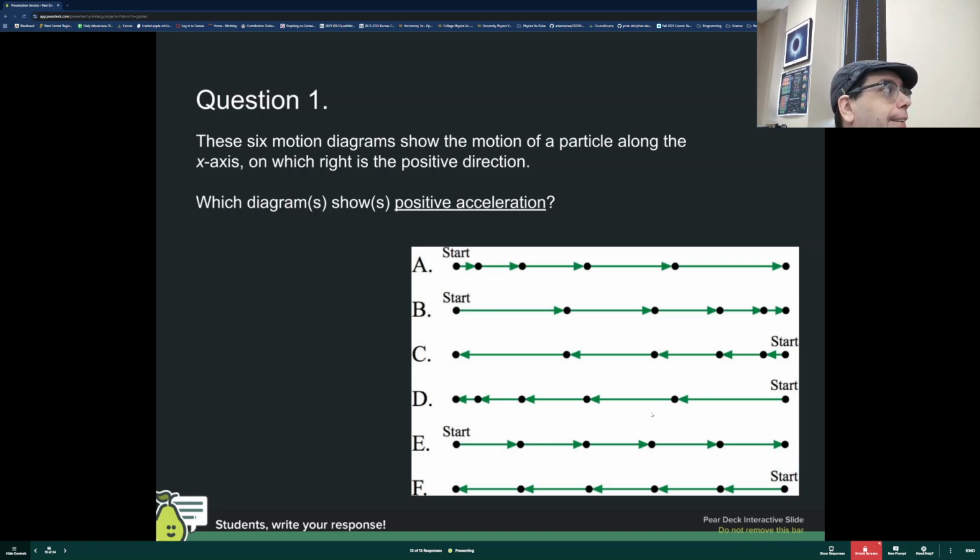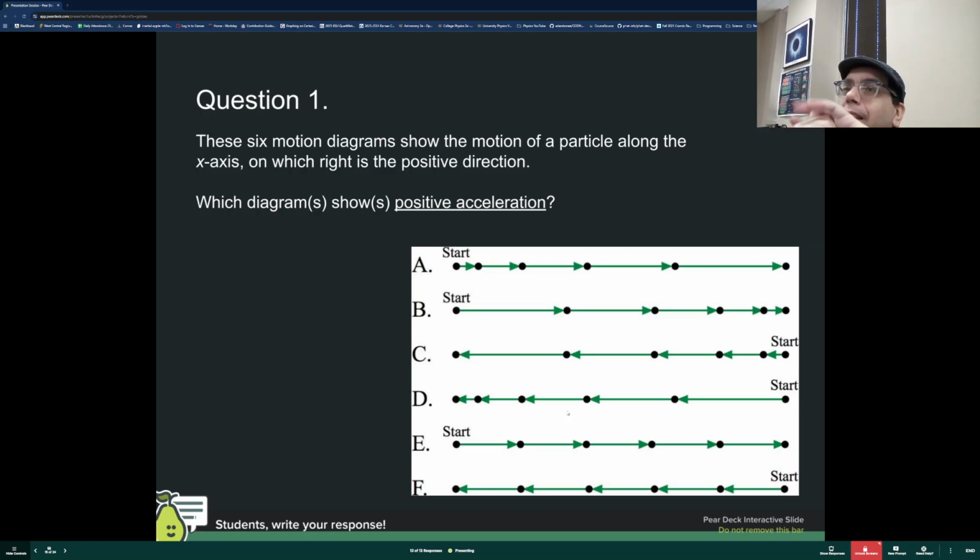But let's look at D. First, are we speeding up or slowing down based on the dots? Slowing down. And is velocity positive or negative? Negative for D. So we're slowing down and velocity is negative.